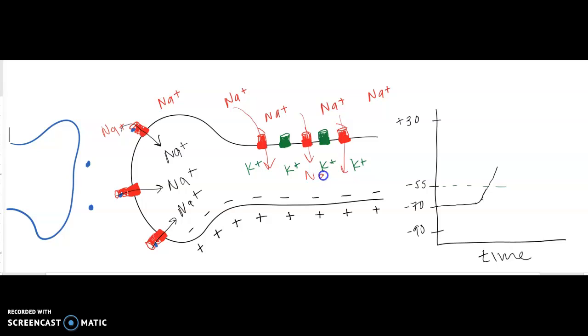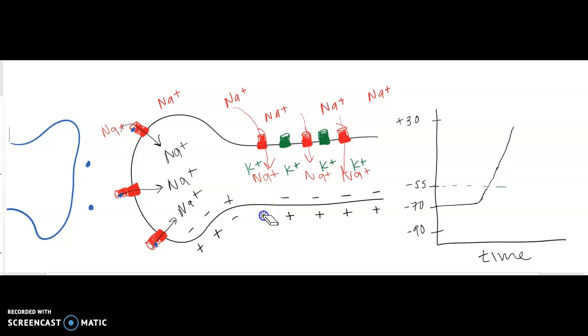And now I'm getting more Na into the cell. What's happening here is instead of having a negative charge on the inside, I'm eventually increasing that charge, and these are now becoming positively charged on the inside and negatively charged on the outside.